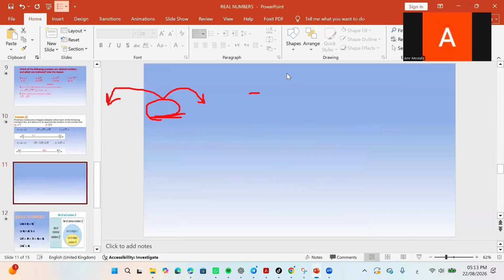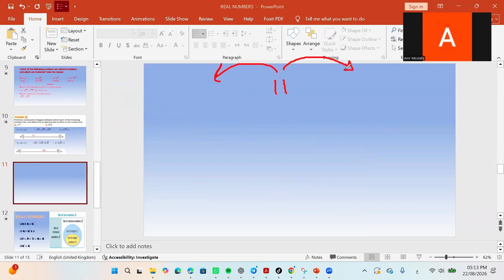Let us see. 11. What is the number before 11 and after 11? But we want the number before 11 which has a square root. The number before 11 which has a square root is 9. And the number after 11 which has a square root is 16, since 12, 13, 14, 15 do not.